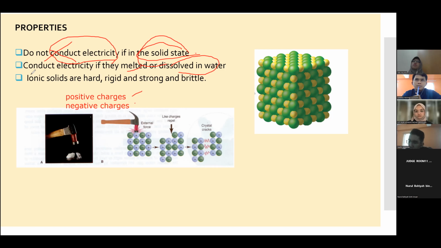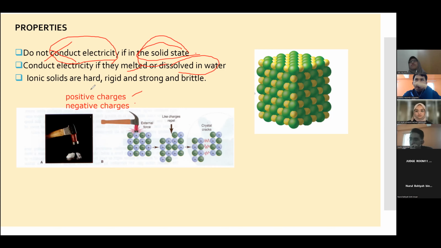So if we want to use the electrical properties of an ionic solid, of course, we have to bring it to the liquid phase by melting or dissolving it in water.